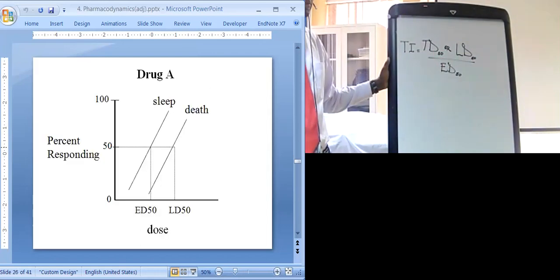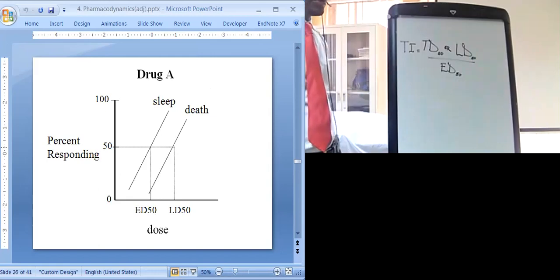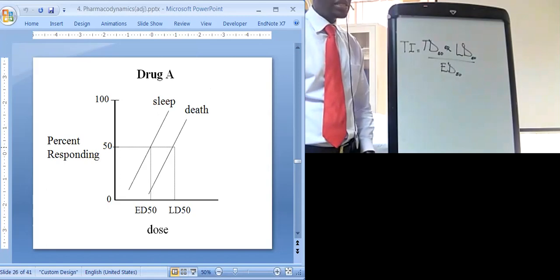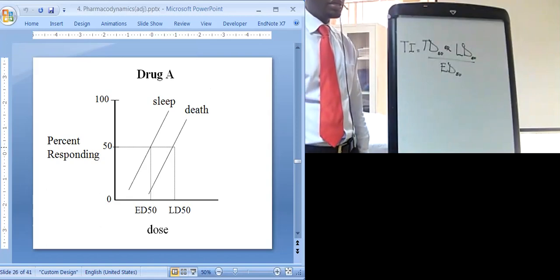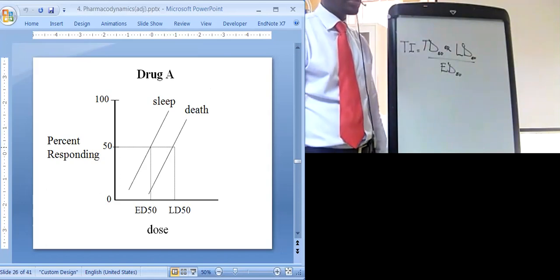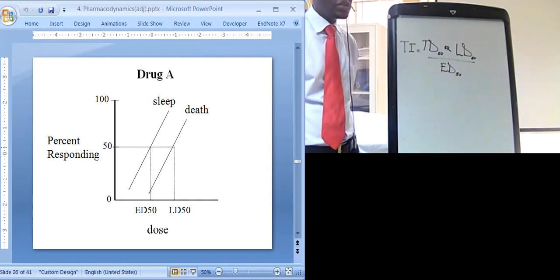Now, if you compare drug A, as you can see there, with 50% of the drug being effective in bringing about its effects, and then the lethal dose at 50 which causes death in patients or subjects.